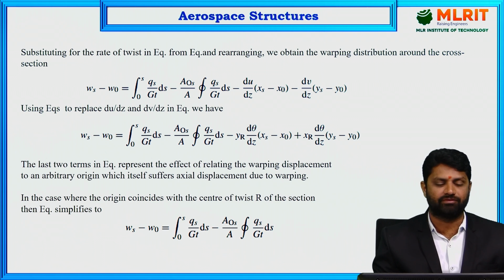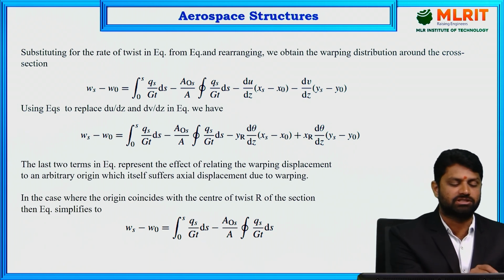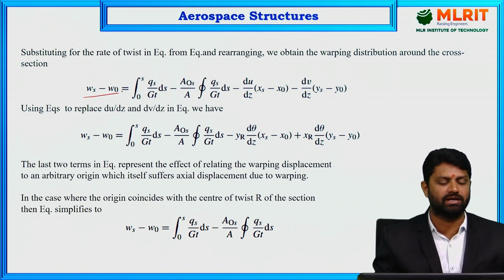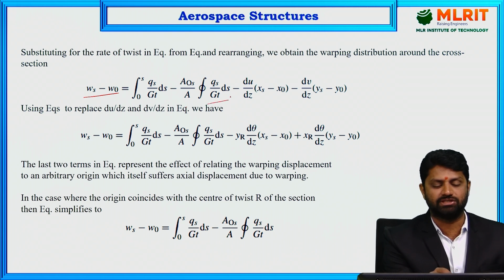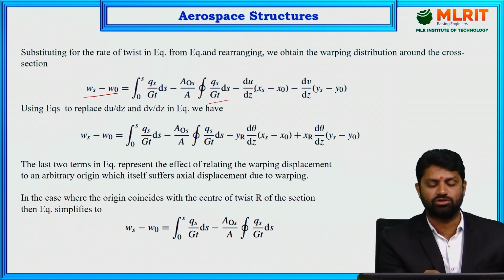Substituting for the rate of twist and rearranging the terms, we obtain the expression for the warping distribution around the cross section: Ws minus W0 equals integral 0 to S of qs by Gt ds, minus A0s by A times the cyclic integral of qs by Gt ds, minus du/dz times (xs minus x0), minus dv/dz times (ys minus y0).